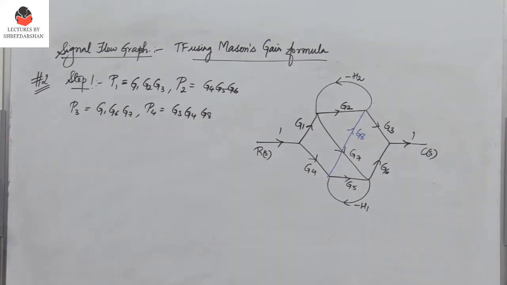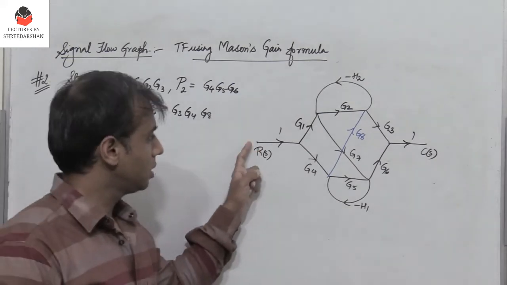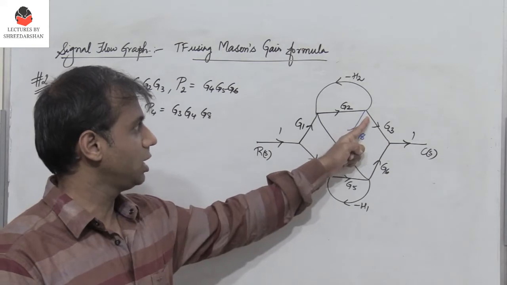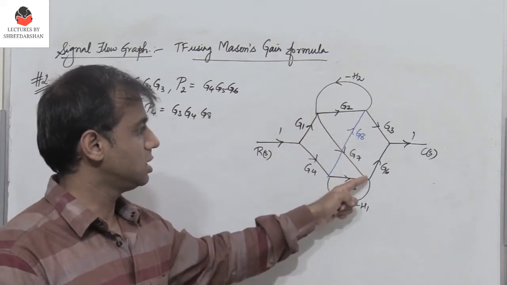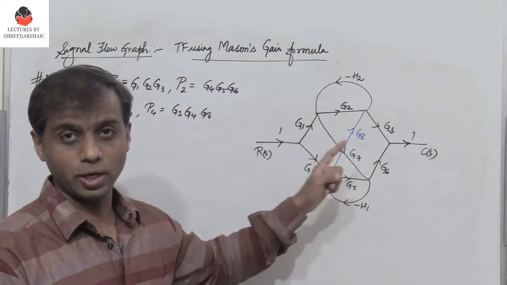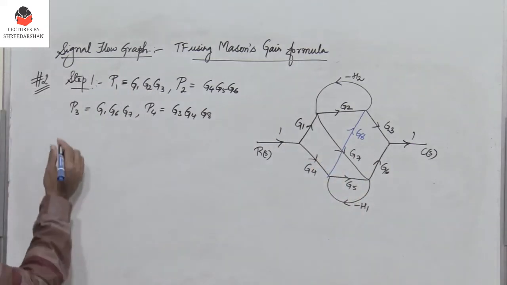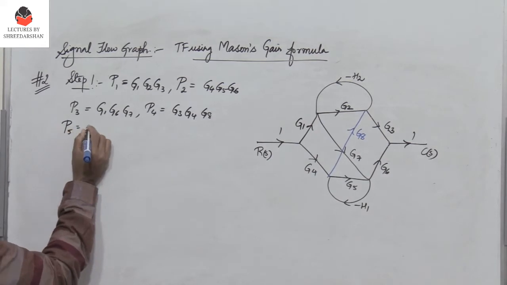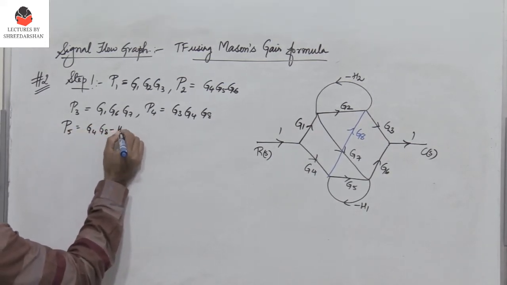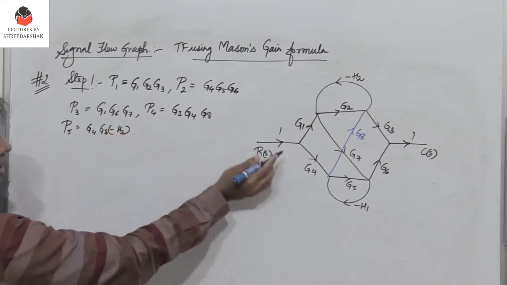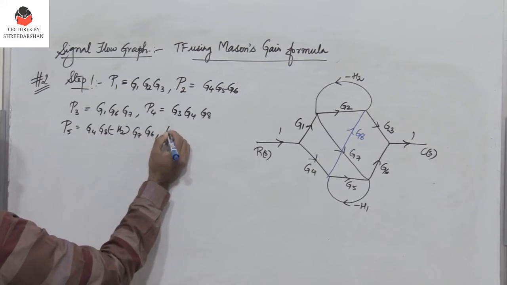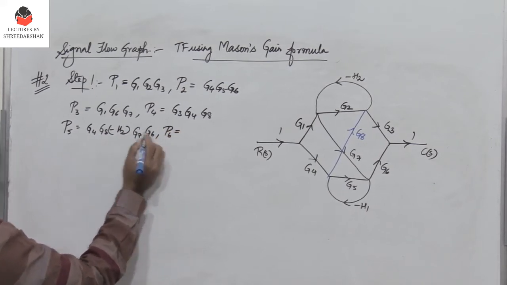So is there any other forward path? Let's assume that I start from here. So I go to G4 and then G8, minus H2, G7 and G6. I find that none of the nodes are traced twice, so this becomes another forward path. So P5 is G4, then G8, minus H2, I'm writing it in the same order, and then G7 and then G6. And next is the sixth forward path.